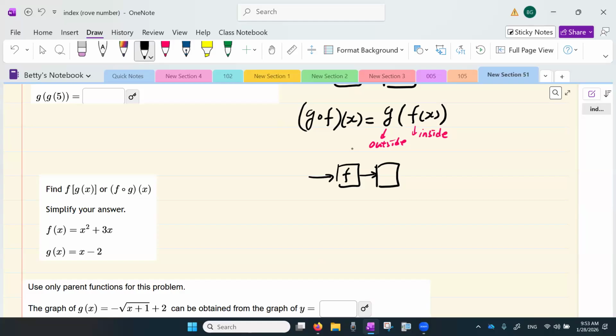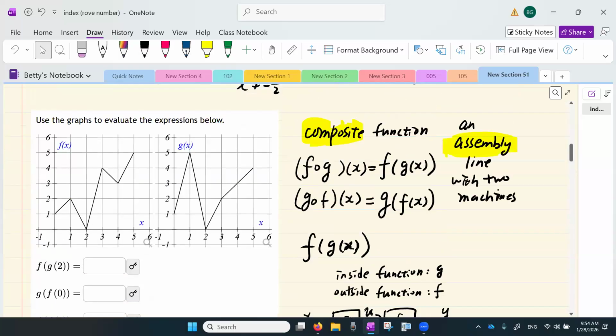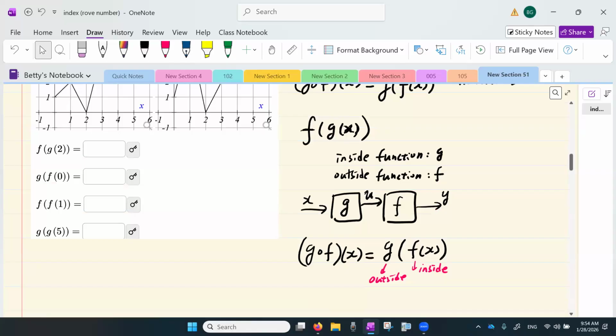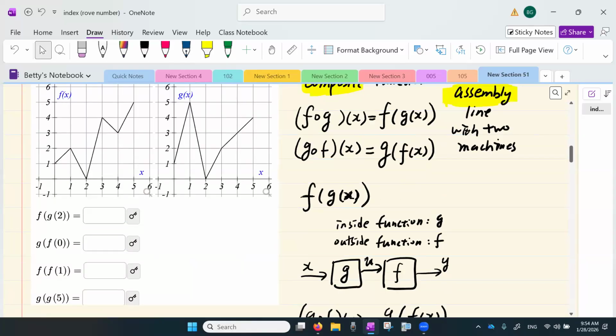The input is going to go through f first, and then the outside function g. So the input goes through function f, you have a semi-product, and then it goes through the outside function, and we have the final product. The final product is the output of the composite function. I think I might be a little bit too fast, but we have a problem to go through. So once we start to do the problem, you will understand it better, okay?